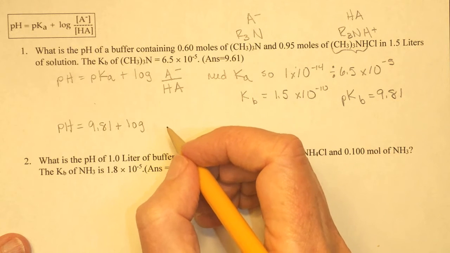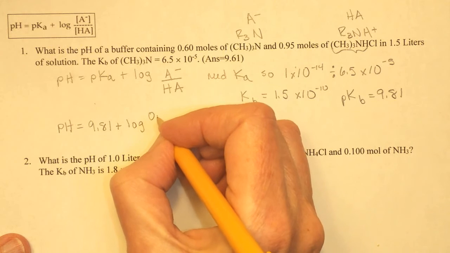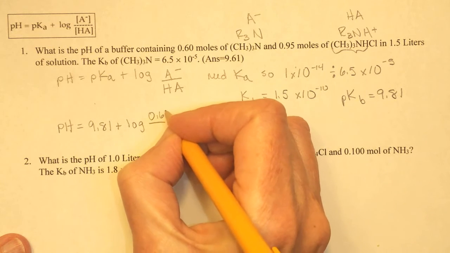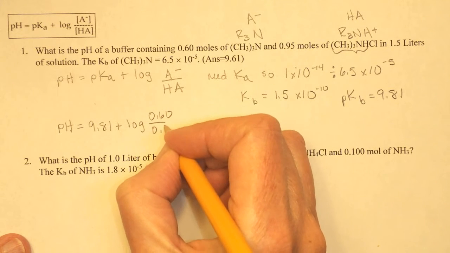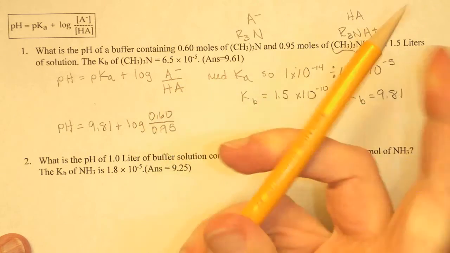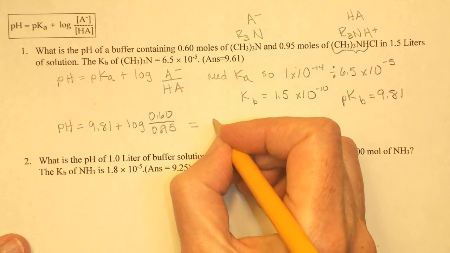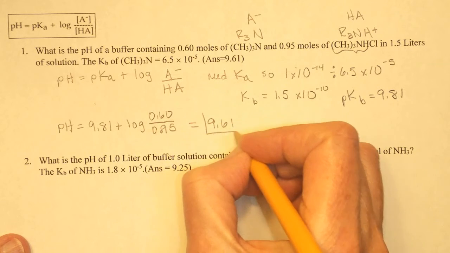So we have the log of 0.60 over 0.95, and it's a matter of solving it in your calculator, and when you do so, you get 9.61.